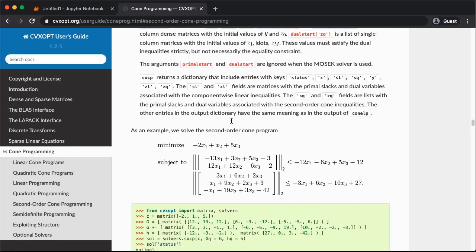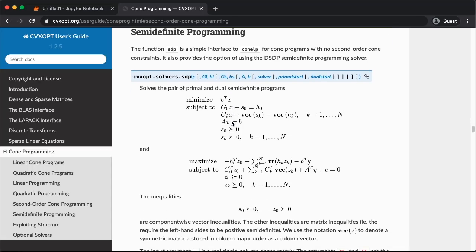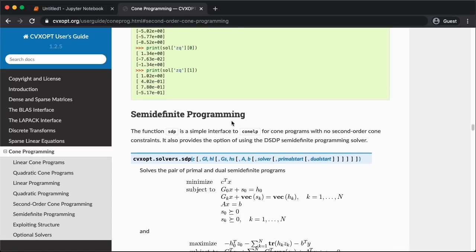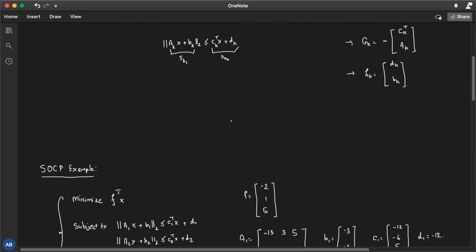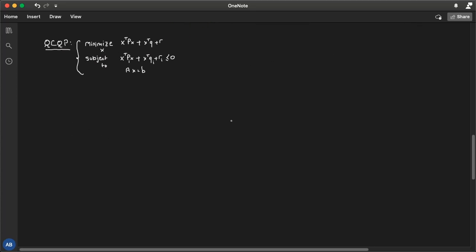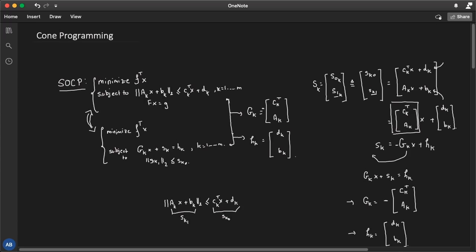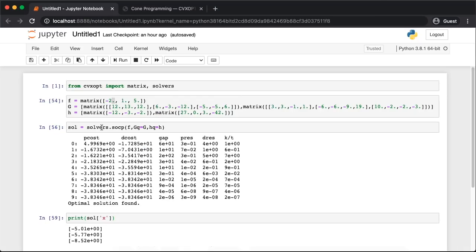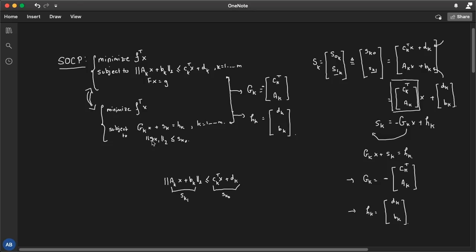And actually you can also write a QCQP as an SDP, a semi-definite program. But we're going to stick with what we explained right here, an SOCP, and try to write down a QCQP as an SOCP so that we can make use of the SOCP solver of CVXOPT, okay?